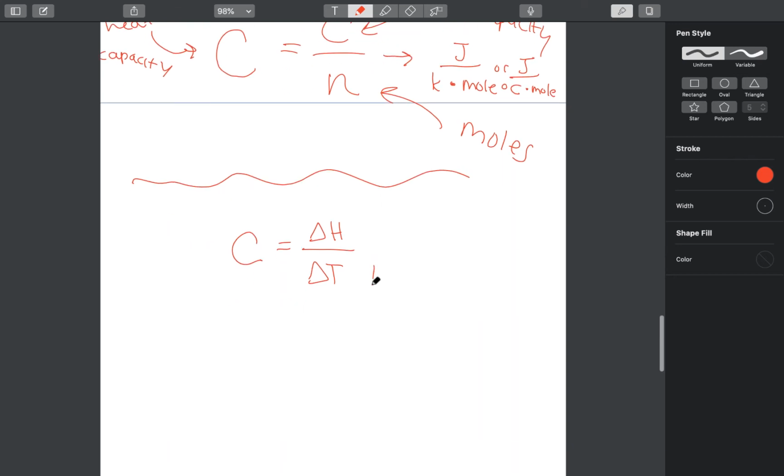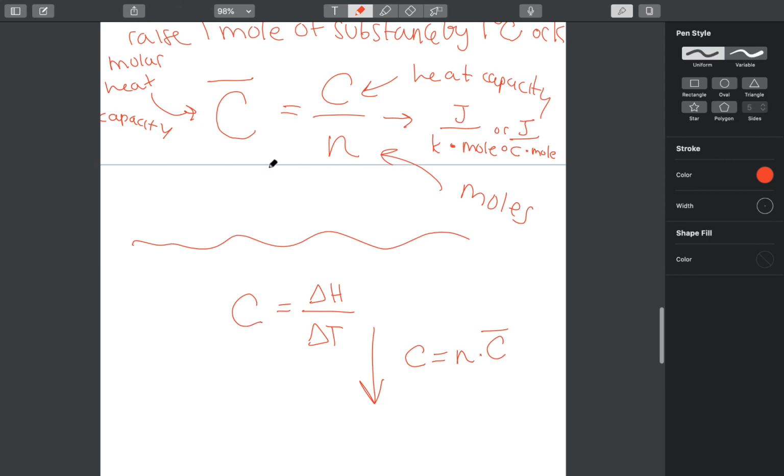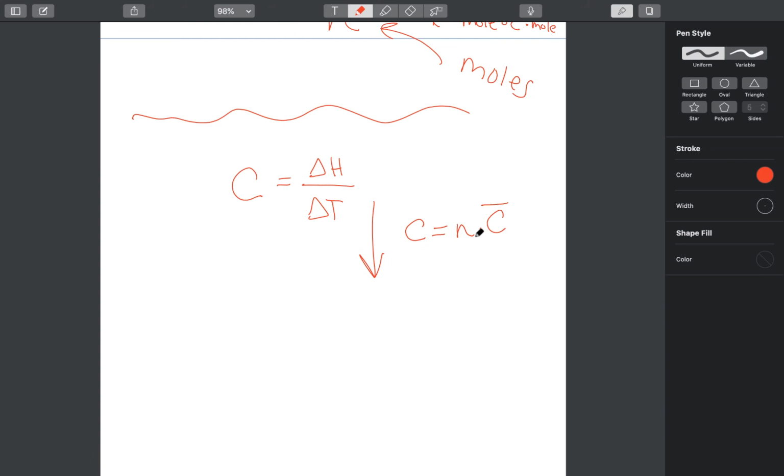We know that C is equal to N times C bar, so we can substitute this into this equation. Therefore, N times C bar is equal to delta H over delta T.